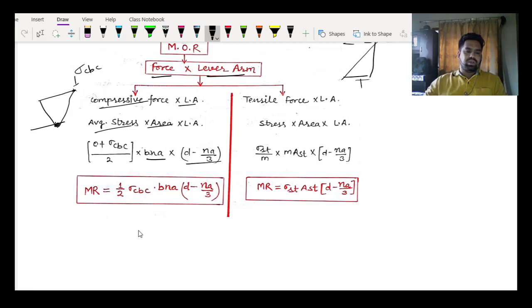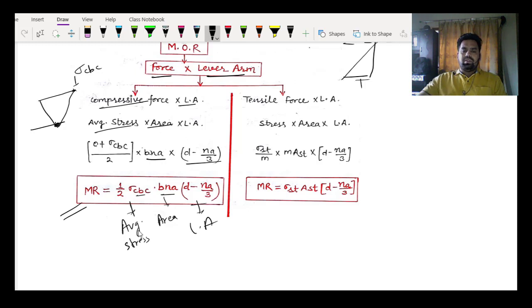So the MR from the compression side is 1 by 2 sigma_cbc into b into x_a into (d minus x_a by 3). This is the average stress, this is the area, and this is the lever arm.